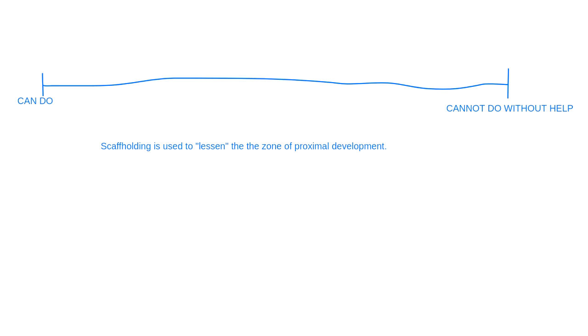So if the child can complete part of the task, less help is needed. Less direction is needed. The example I used: if they can put their own shoes on, then you don't really need to help them with that too much.